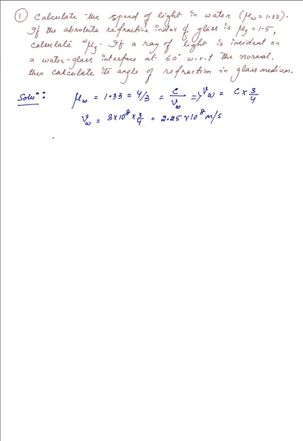Now the second part of the question says that if the absolute refractive index of glass, mu g, is equal to 1.5, then we have to calculate the refractive index of glass with respect to water. As we know, the refractive index of any medium with respect to the other medium is equal to the absolute refractive index of the second medium with respect to the absolute refractive index of the first medium.